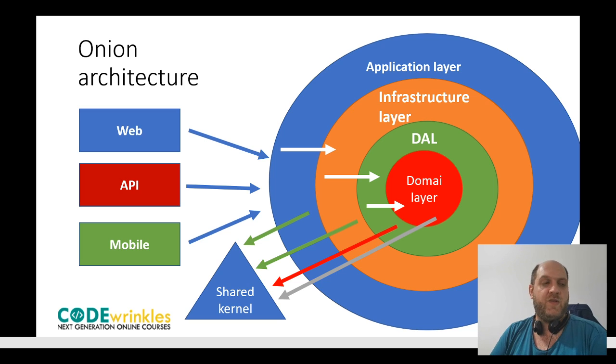At the core, as Eric Evans also said, is the domain layer. So at the core we will have our domain classes, our domain models with all the behavior, the logic, the invariants, the aggregate roots, and so on. Then we would have an outer layer, which is the data access layer. Of course, that layer would be responsible for handling data persistence. Then we would have a separate infrastructure layer. This is a personal preference.